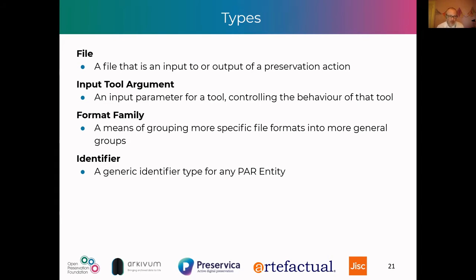We also have the concept of a format family, which is a very simple way of grouping formats together. So you could define a format family any way you want. It's just saying, I expect these formats to all act together. It allows you to constrain preservation actions to work on particular groups of formats without necessarily having to list all of the formats.